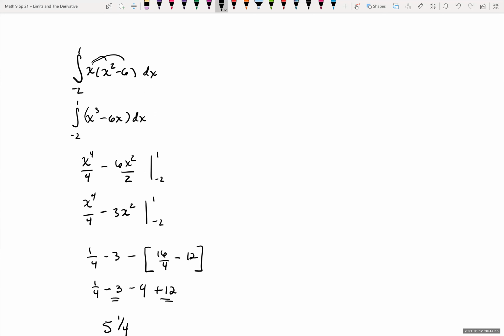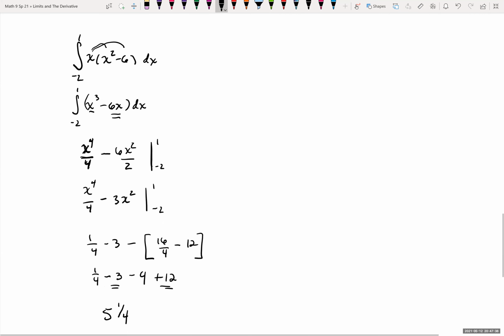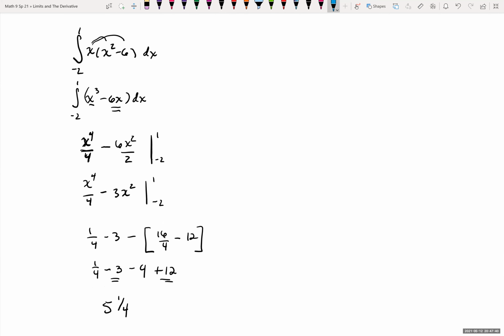Now we're going to take the antiderivative of x cubed, which is x to the 4th all over 4, minus, and then the antiderivative of -6x is minus 6x squared over 2, and we're evaluating this from -2 to 1. We can simplify that second term a little bit, right? 2 goes into 6 3 times.